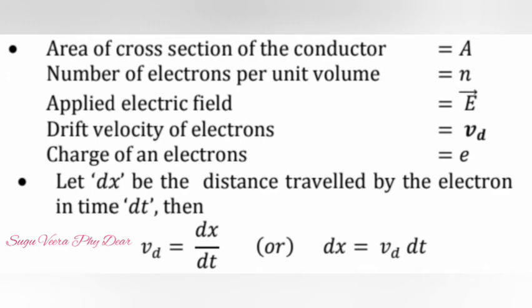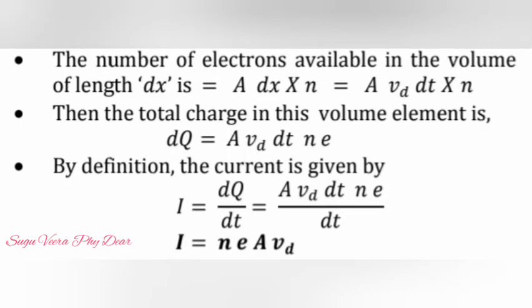Let dx be the distance travelled by the electron in time dt. Then drift velocity Vd equals dx divided by dt. Rearranging, dx equals Vd dt. The number of electrons available in the volume of length dx is A dx into n, that is A Vd dt into n. Then the total charge in this volume element is dq equal to A Vd dt n into e.